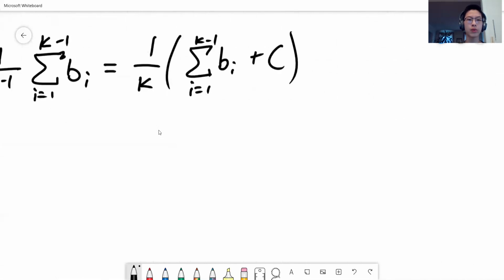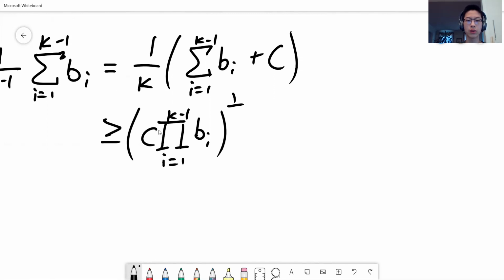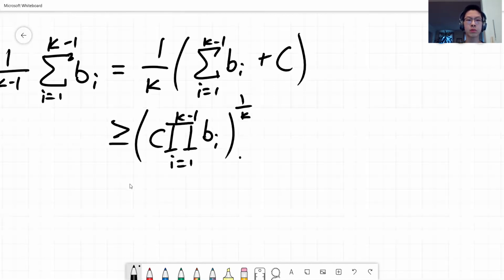All right, and then we're going to use our inductive hypothesis. And it's going to be the product of the bi's, and then also times C at the same time, taken to the 1 over kth power.